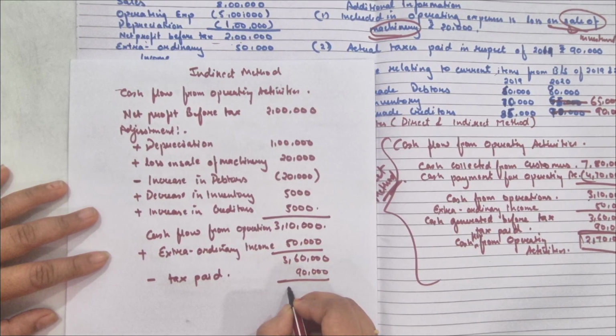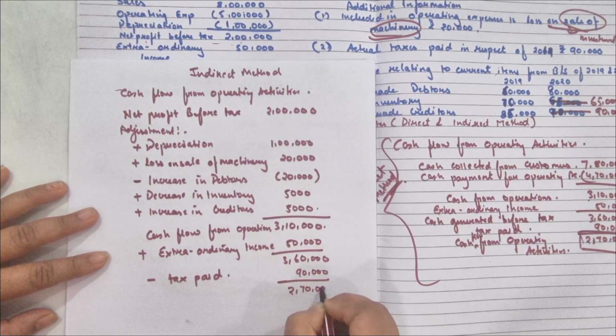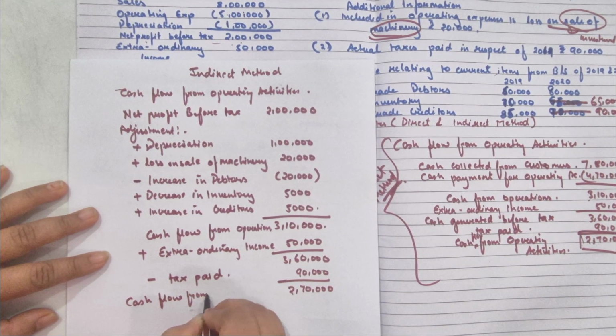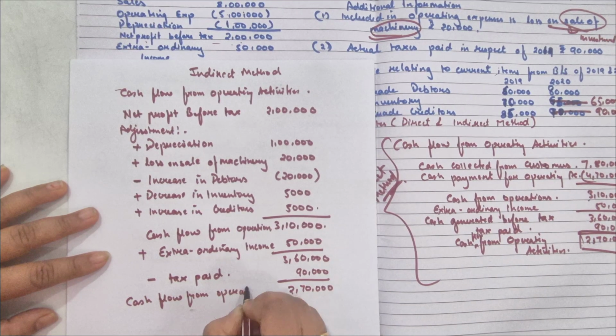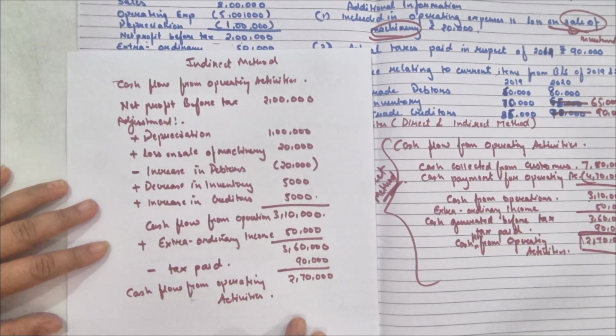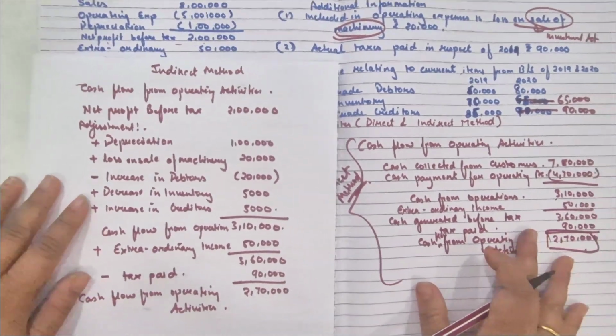So we will get 2,70,000 as our cash flow from operating activities.